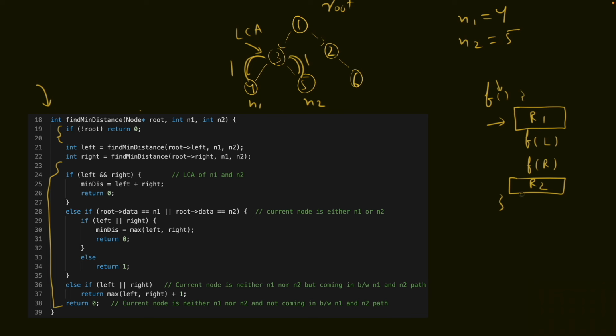And region 2 is once you have done left and right, meaning if you're talking about this node 3 here, you can only reach this region 2 for node 3 once you have finished processing this whole left-hand side subtree plus right-hand side subtree. So region 2 comes when you are about to return, just before hitting this end curly brace.